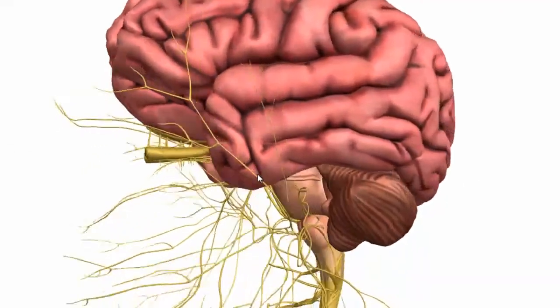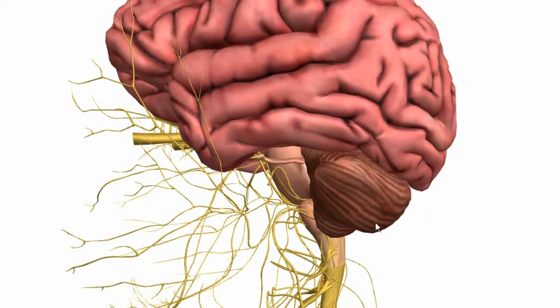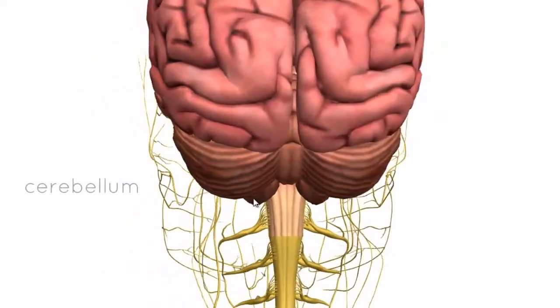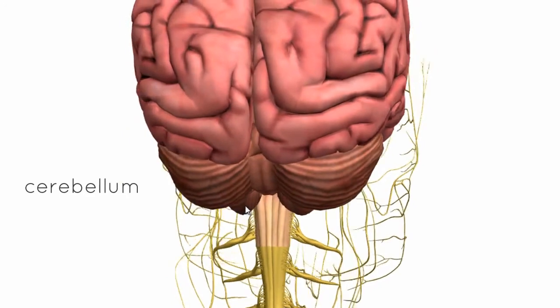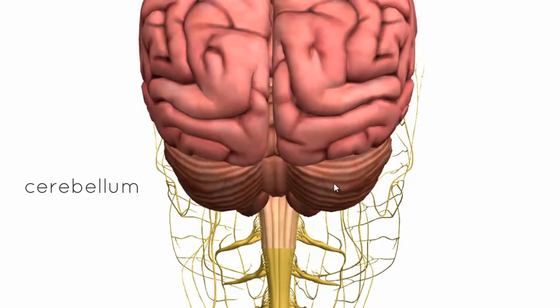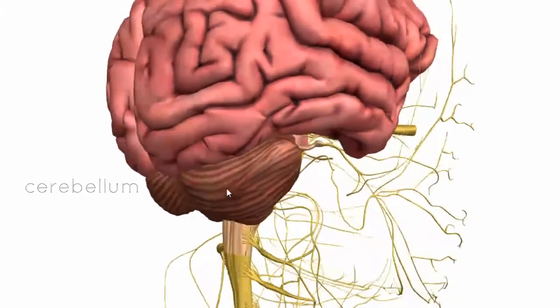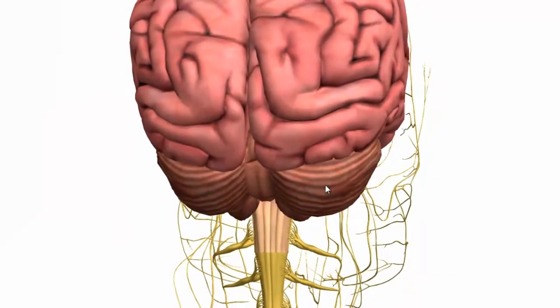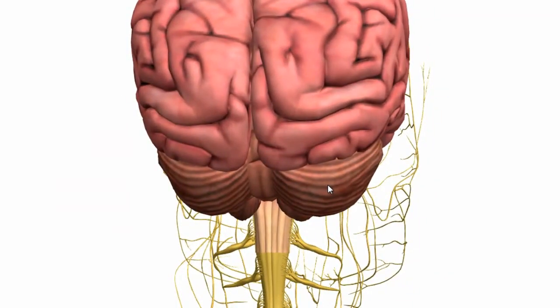The cerebellum is this part of the brain which sits behind the brainstem. You can see it here sitting directly behind the brainstem, and you can see it has these two lobes. The cerebellum means little brain in Latin, and this has loads of connections with the brainstem, and it's important in motor control, coordination, balance, and muscle tone, and that sort of thing.